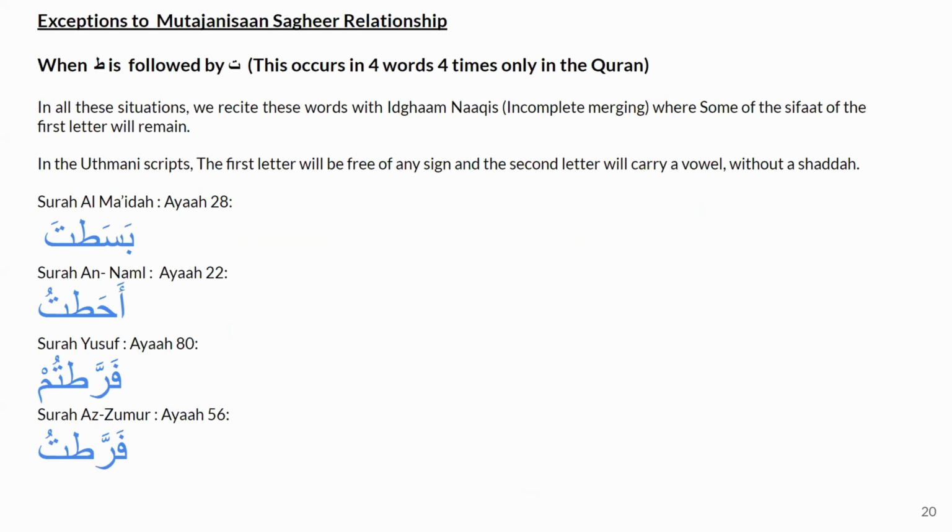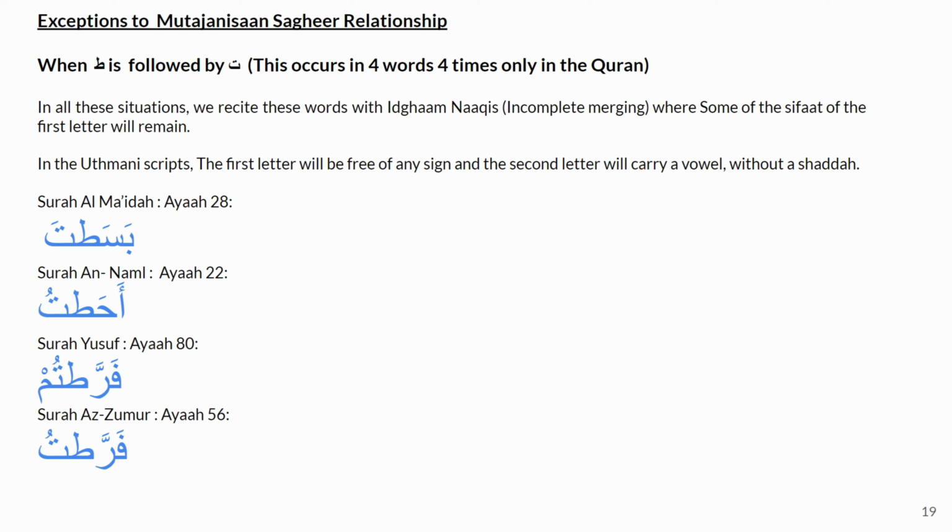And the next situation is when letter ta is followed by letter ta. And as discussed earlier, letter ta and letter ta are coming from the same makhraj, but they are different in sifat. But when letter ta and letter ta come together in a saghir relationship, where ta is the first sakin letter and letter ta is coming right after it as a mutaharrik letter, and this only occurs 4 times in the Quran, we will apply the rule of idgham, but this idgham will be idgham naqis, the incomplete merging.